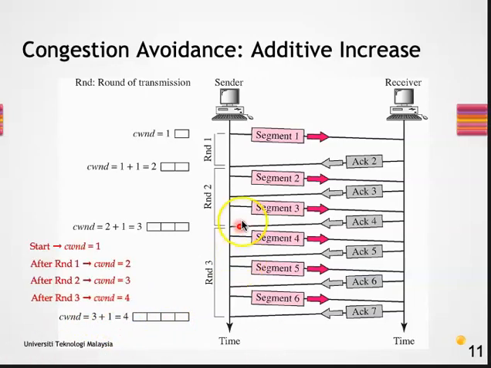To sum up, for the congestion avoidance phase, every 1 round trip time, CWND will be increased by 1. So for the first round, CWND is only equal to 1. In the next round, it becomes 2. And finally, after the third round, 3 RTT, the CWND is equal to 4.